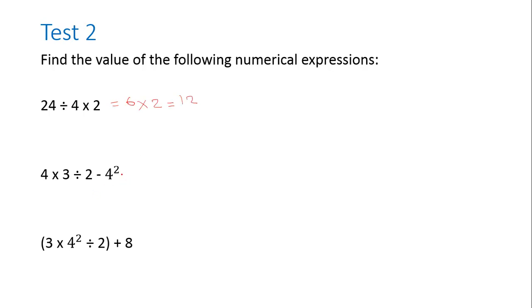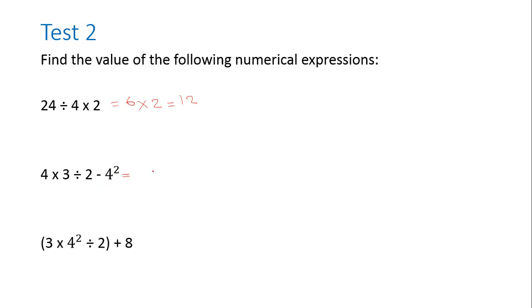We move on to the second expression. We notice here we have multiplication, division, subtraction, and exponent. According to the set of rules, we start with finding the value of the exponents before the other operations.